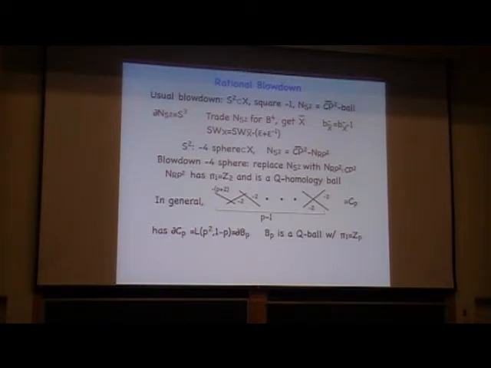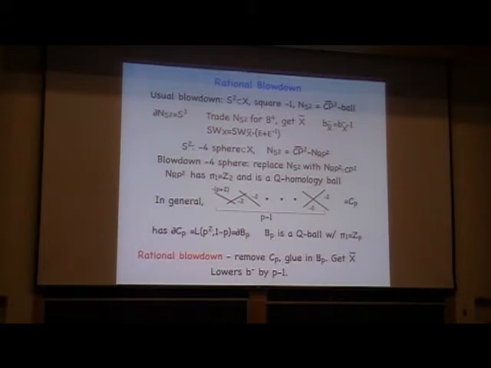So this is a configuration of two-spheres I'll call C sub p, and its boundary is the lens space L(p squared, 1 minus p), which also bounds a rational homology ball. Call it B sub p, and it's a rational homology ball with pi 1 equal to Z sub p.